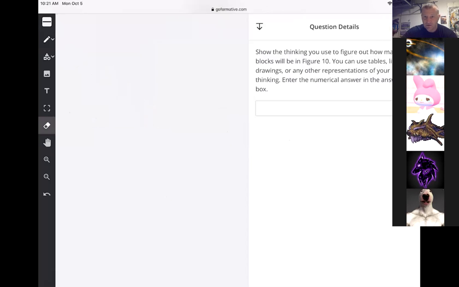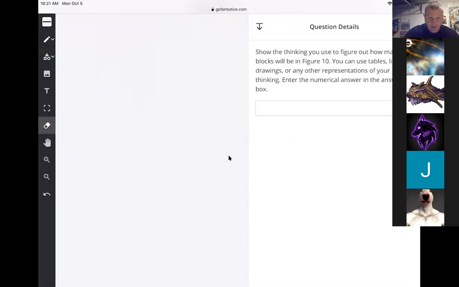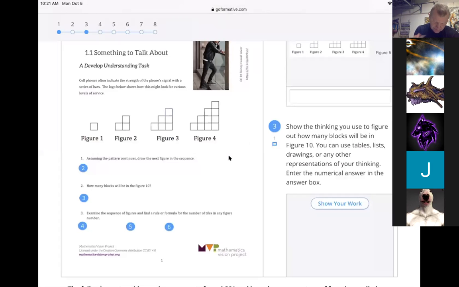But do any of you want to share about how you might do that? So the first one is figure 1, then figure 2, then figure 3, then figure 4. So diagonally you add 1 block, like if you added to figure 5, which is 1 more block, and then there's 5 blocks diagonally, and then you add 5, and then you added 6, which is 6 more blocks on the right side, so then you add 6 more.